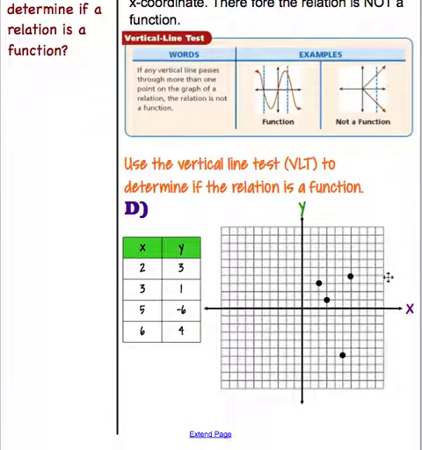So as you can tell, if I were to take my pen and draw a vertical line, no matter where I draw my vertical line, I only run into one point.